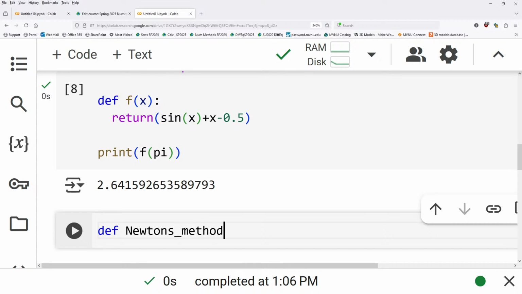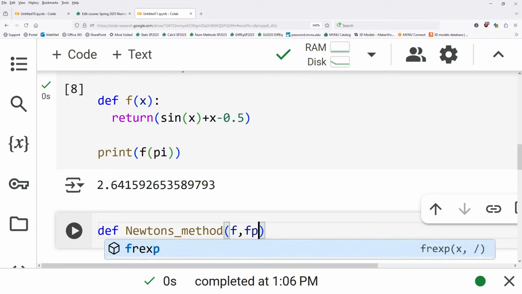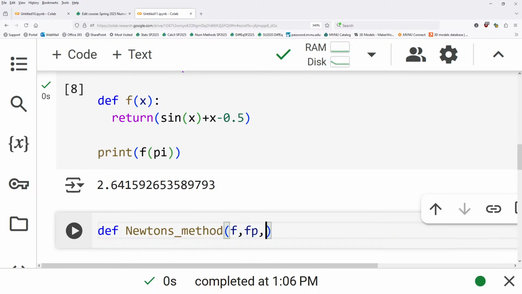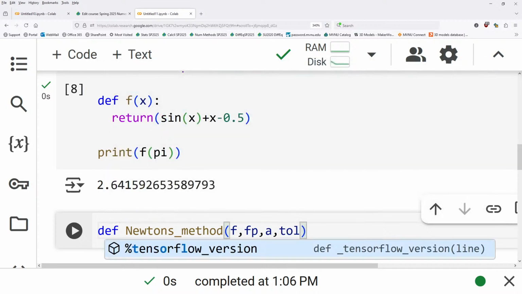You can call it whatever you want, but Newton's method is pretty descriptive. And then the input will be f, fp, which is going to be my f prime, and then, let's see, a and the tolerance.